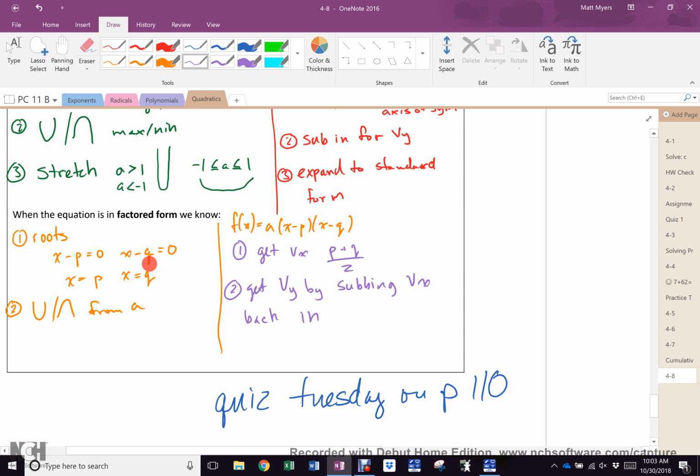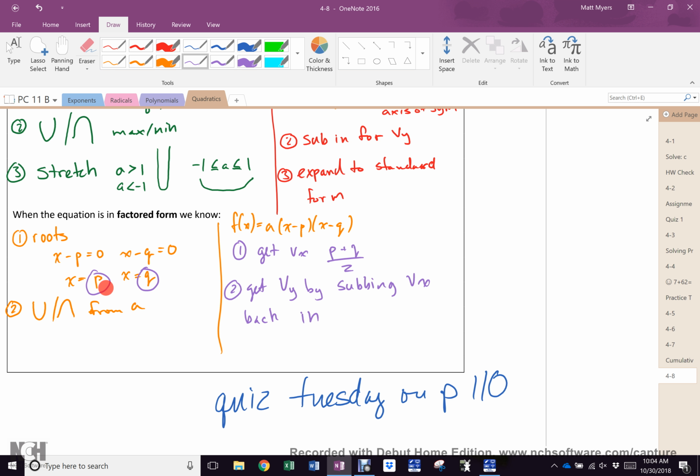From this number, these, the roots, P and Q. So, are we ready to try some of these? Now, once again, let's find a good question here.